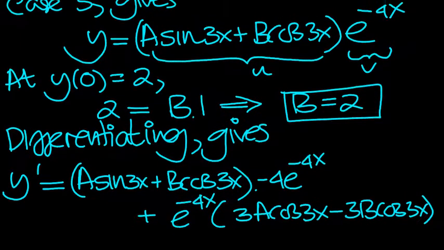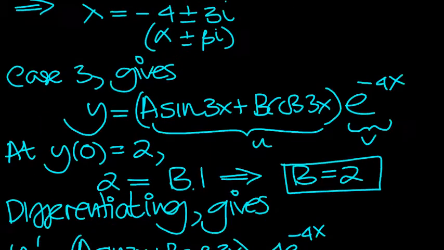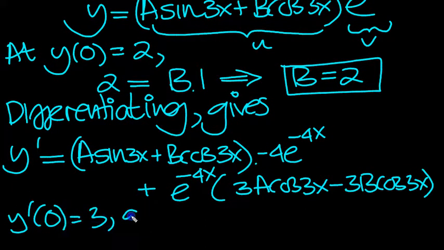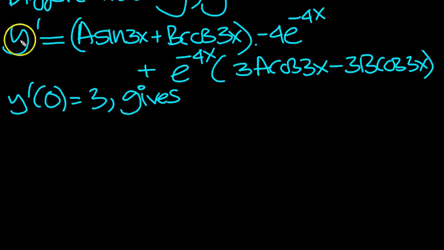Now what was the initial condition for y dash? Let's just go back and get it. y dash naught equals 3. Let's put that in here. So y dashed naught equals 3 gives, let's see what we get then. So here's y dashed, that's the value of 3, is equal to sine of naught, because x is naught, so that's naught.